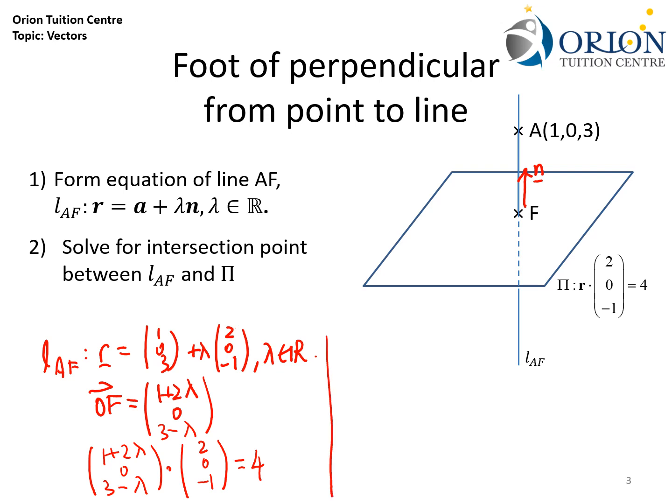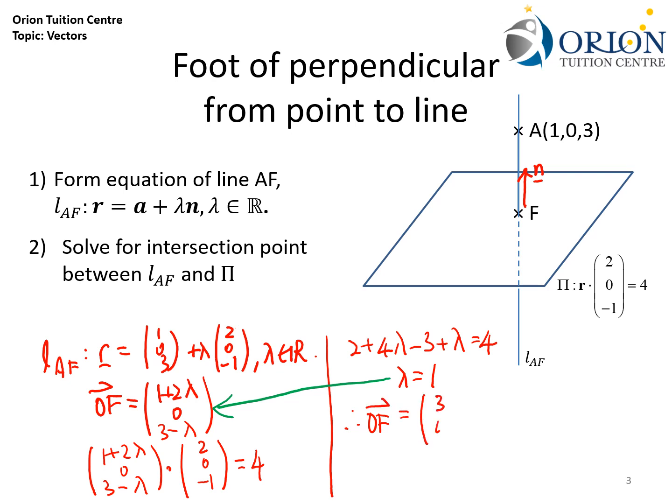Thereafter, we can do an expansion: 2 + 4 lambda - 3 + lambda equals 4. Solving this equation gives us lambda equals 1. If we substitute lambda equals 1 back into our equation for OF, that will give us the position vector of F, the foot of perpendicular. So therefore, OF will be equal to (3, 0, 2).